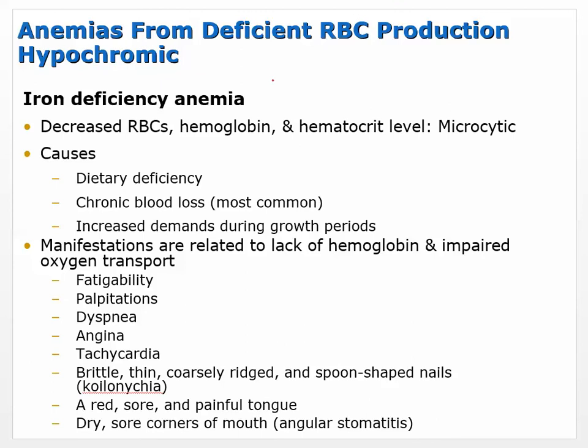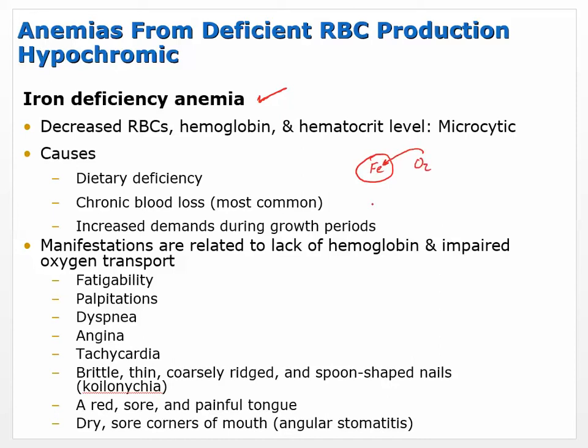Anemia is from deficient red blood cell production. But now iron deficiency anemia. So we've had B12 deficiency, we had folic acid deficiency, and now iron deficiency. Remember, at the middle of each of those heme molecules sits an iron, and that's where the oxygen binds.